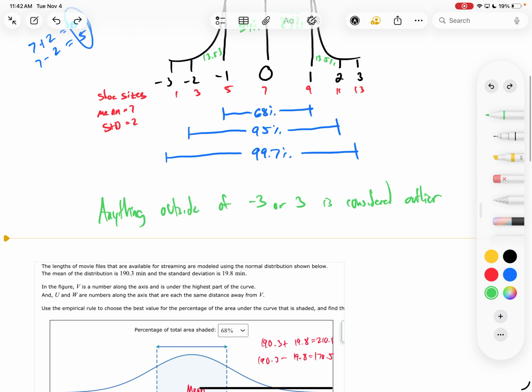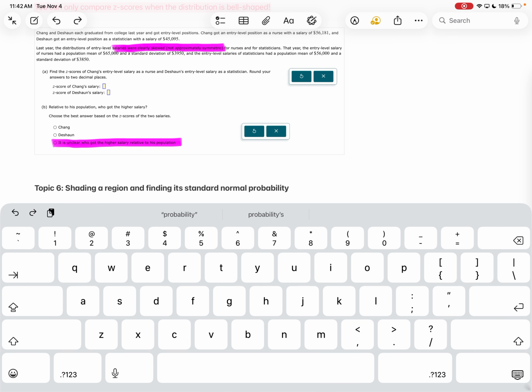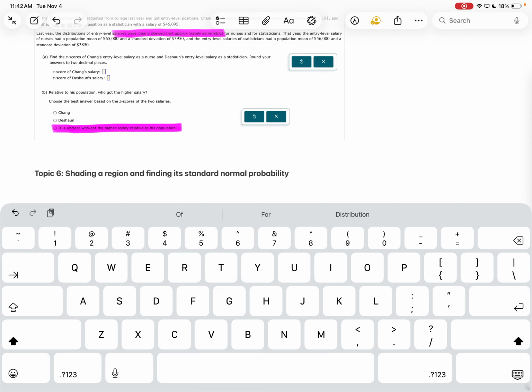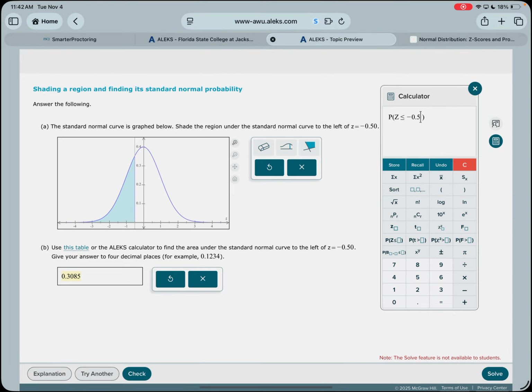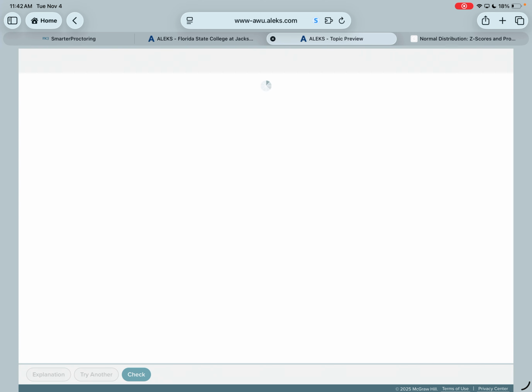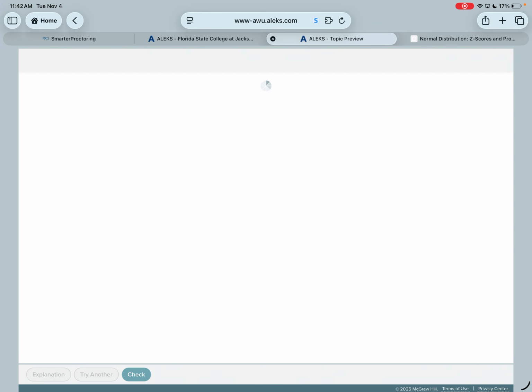All right. What if, let's see. That's to the left. Does it ever do to the right?